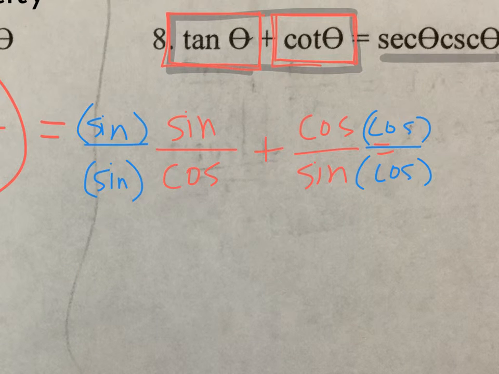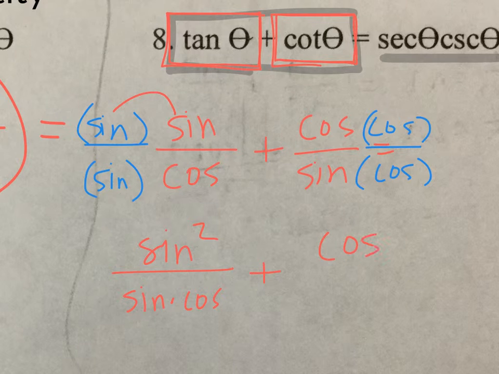So now let's do this product. Sine times sine is sine squared over sine times the cosine, plus cosine times cosine is cosine squared over sine times the cosine.